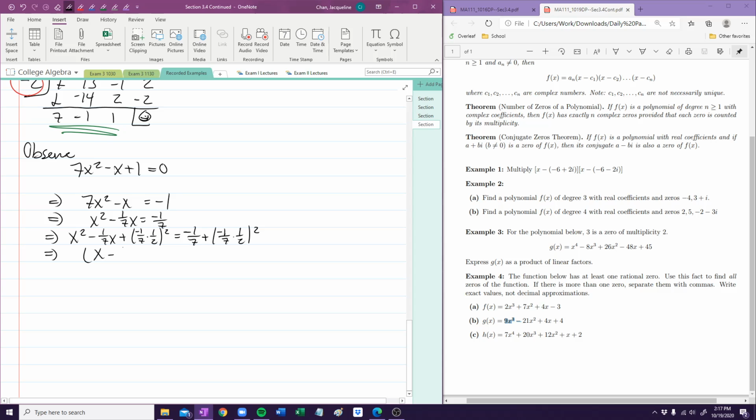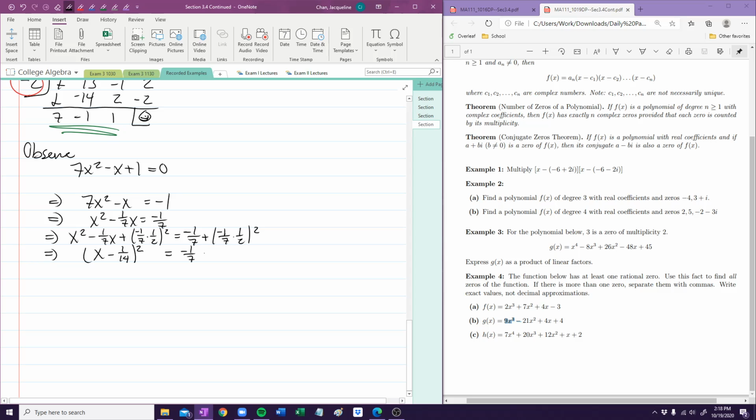This is x minus negative 1/14. Okay, and if you FOIL that back out, you should get this. Okay, and then this is negative 1/7, and this is negative 1/14.